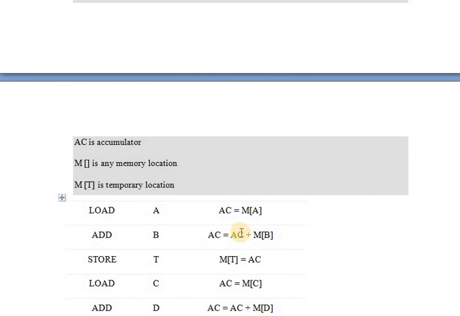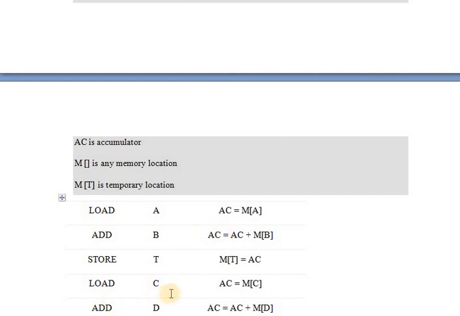So this is a one address instruction. Next, store T: M of T equals AC. That means we have performed the addition M of A plus M of B, stored in AC. Now AC is stored in M of T, the temporary location.